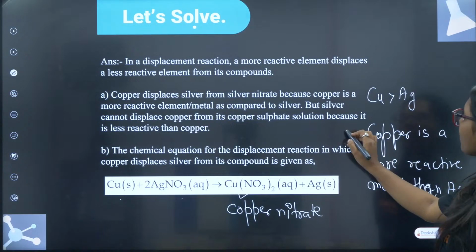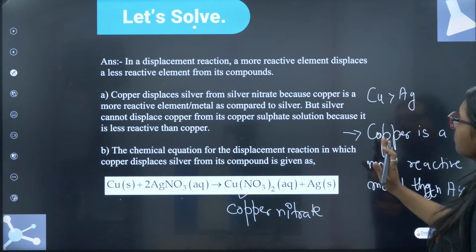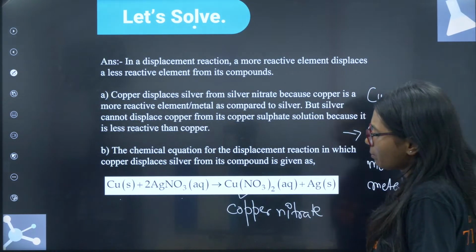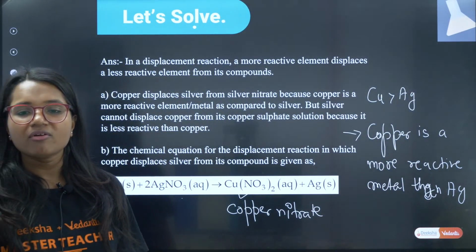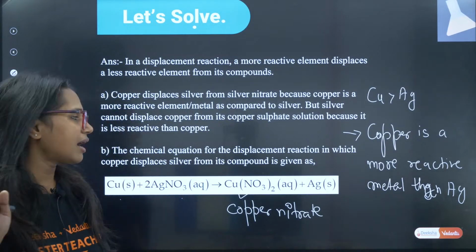And copper can replace Ag, but Ag cannot replace copper. Very good, Somok, Rohit, Vriksha, Ruchita.